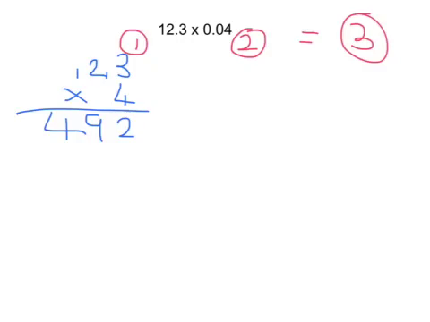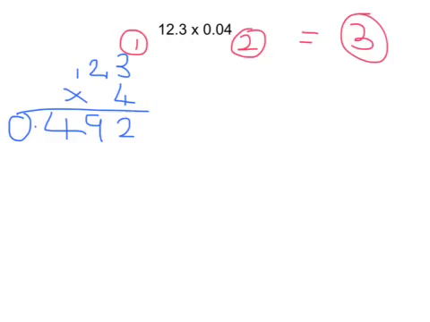My answer has to have 3 decimal places, remember? So the decimal point's here at the minute. I'm going to bring it in: 1, 2, 3. The decimal point is going to have to go all the way over there. So in this question, we've got 0.492 as our answer.